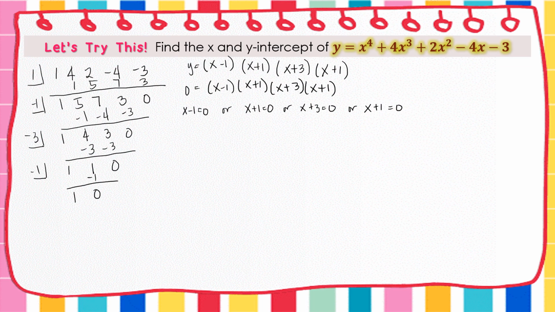Pwede hindi na isulat itong sumunod na yung huli kasi meron ka na ng mga x plus 1 dyan. We have x equals 1. Dito sa pangalawa ay x equals negative 1. Sa mga pangatlo ay negative 3. And then negative 1. So our x-intercepts are 1, negative 1, and negative 3.